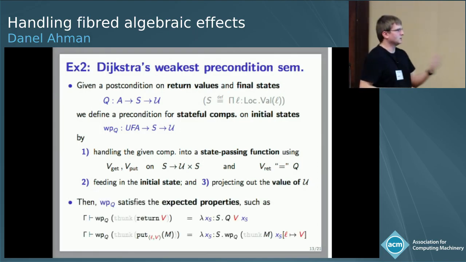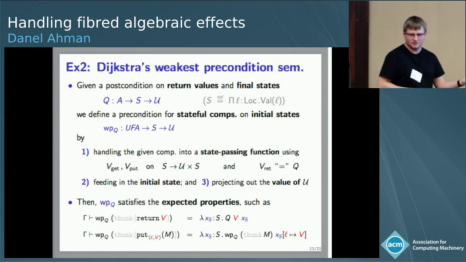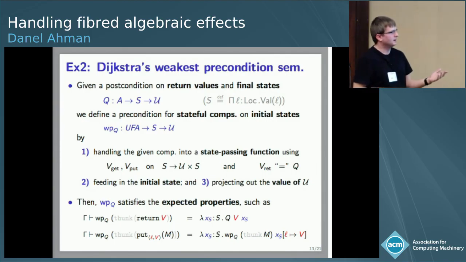And then you can show that this WP of Q really satisfies the expected equations that you would expect from a weakest precondition. So, for example, the weakest precondition of put is the same as the weakest precondition of the continuation, but with the initial state altered with the value that you were putting in there.